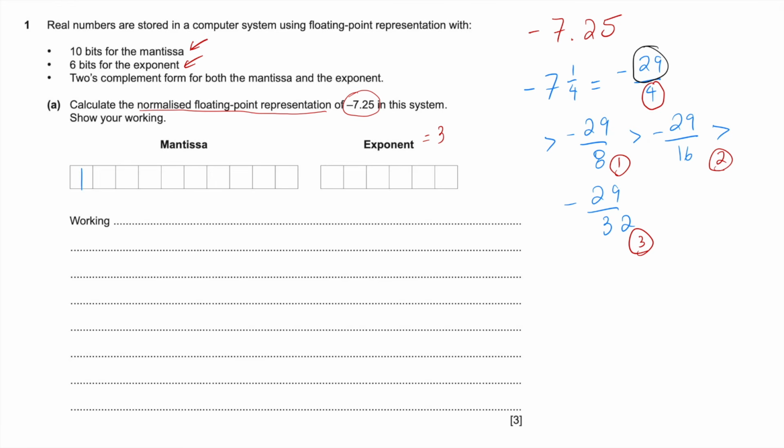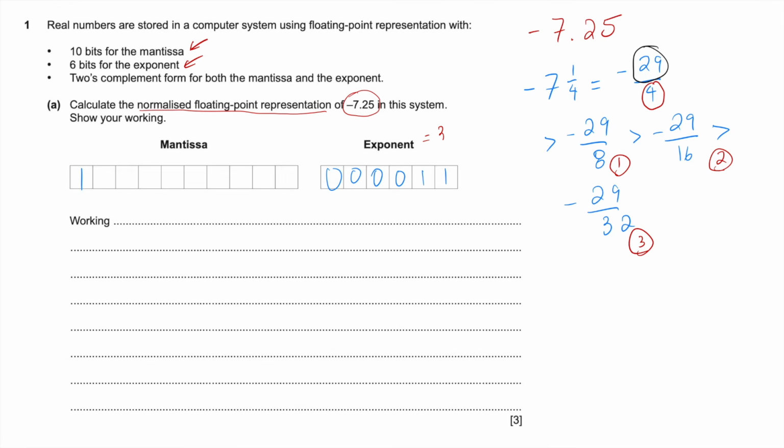And that's going to look like this. 1, 1, 1, 1, 0, 0, 0, 0. So we've got our exponent. And now we're going to work with this number that we have at the moment.